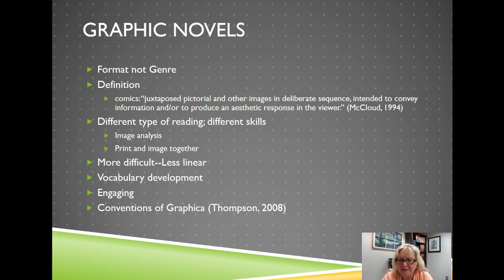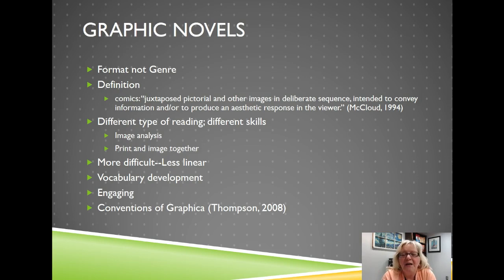The definition by Scott McCloud in his book from 1994, and I can't think of the title, but it's very good, is for comics, which basically are what graphic novels come out of. Juxtapose pictorial and other images in deliberate sequence intended to convey information, so nonfiction, and or to produce an aesthetic response in the viewer, fiction.